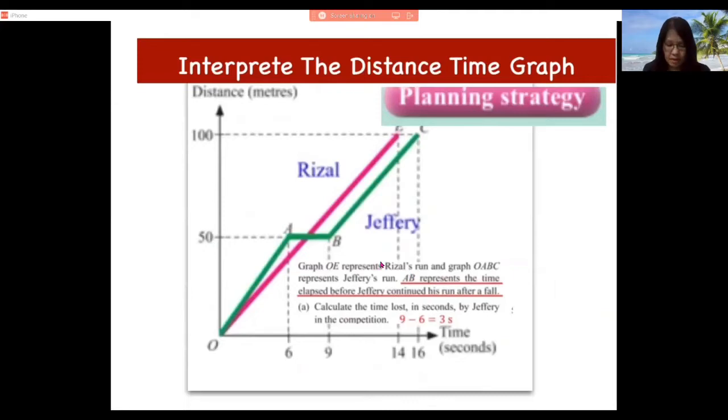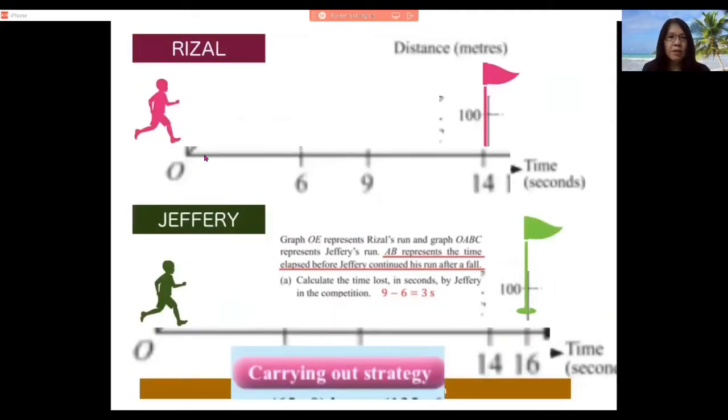Next, by looking at this diagram, the green one is Jeffrey and the pink one is Reszul. Both of them are going to start soon. The distance is 100 meters, the same for both. We want to see the time taken for Reszul and the time taken for Jeffrey. Let's observe how they run.